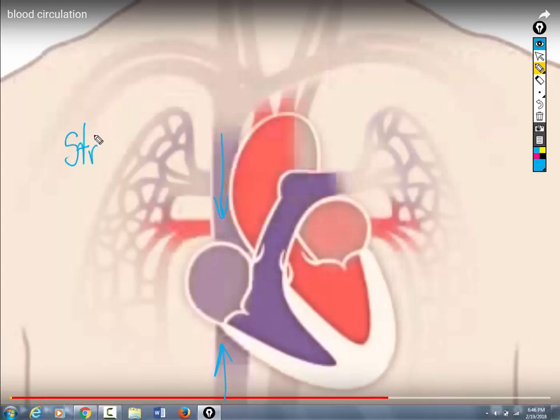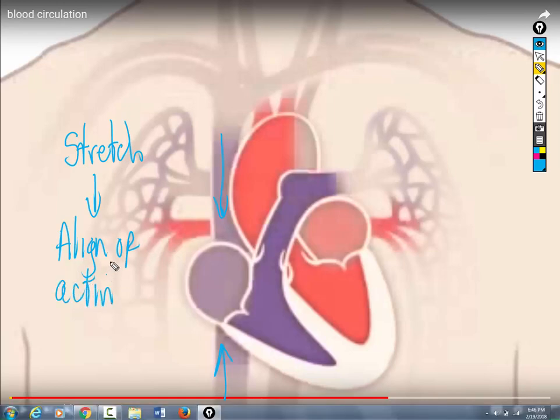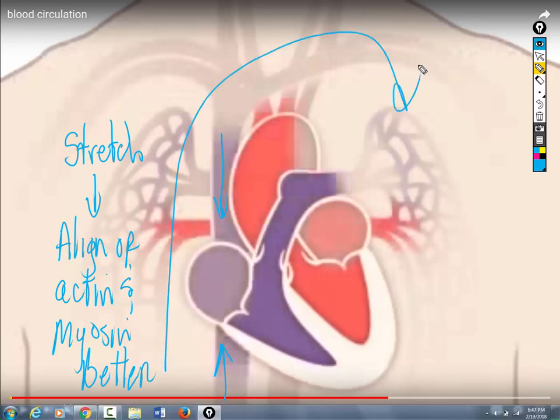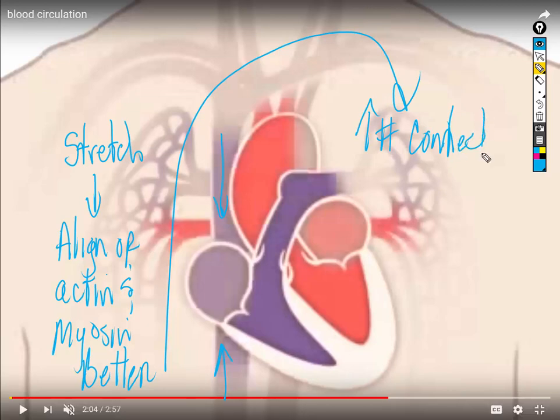And when you stretch a normal heart, what do you do to the alignment of actin and myosin? You align actin and myosin better. And if the alignment of actin and myosin is better, what happens to the number of connections between actin and myosin? That's right, connections.